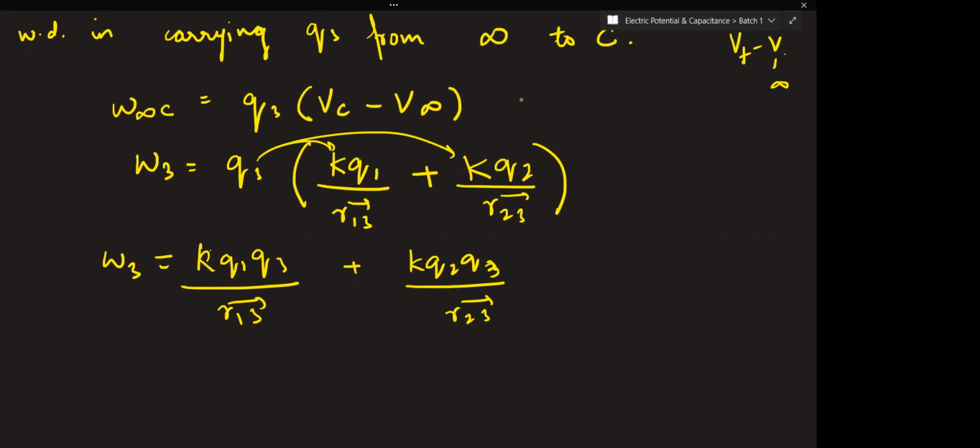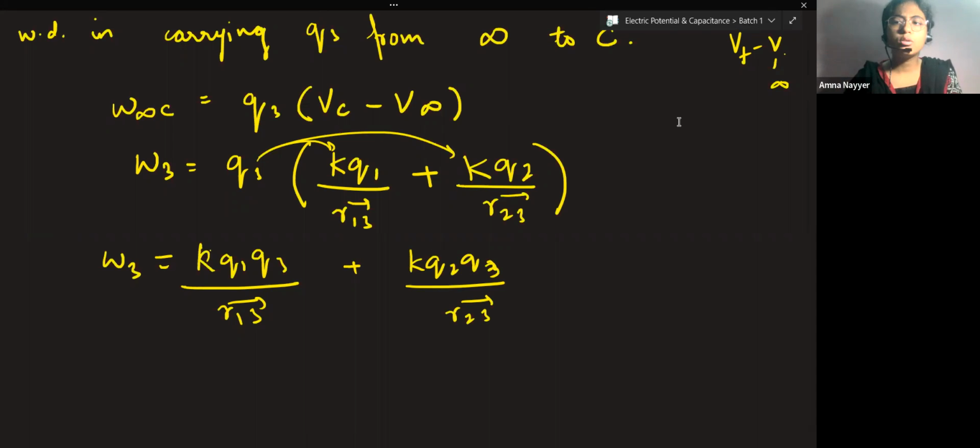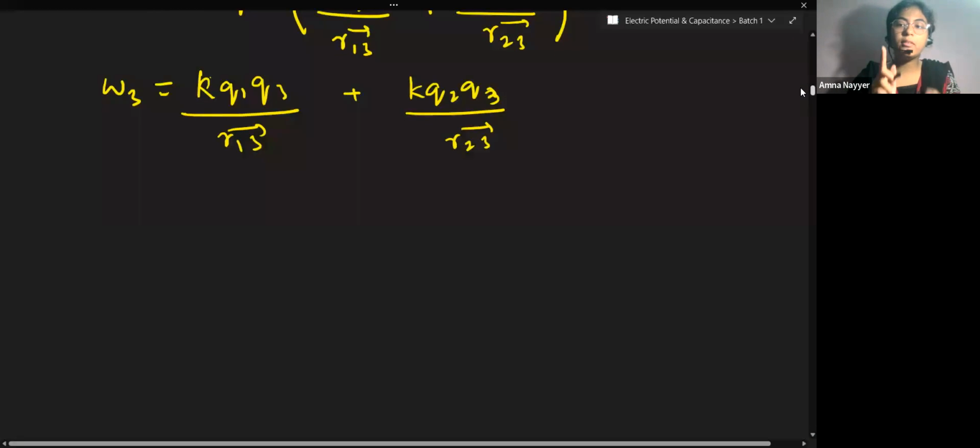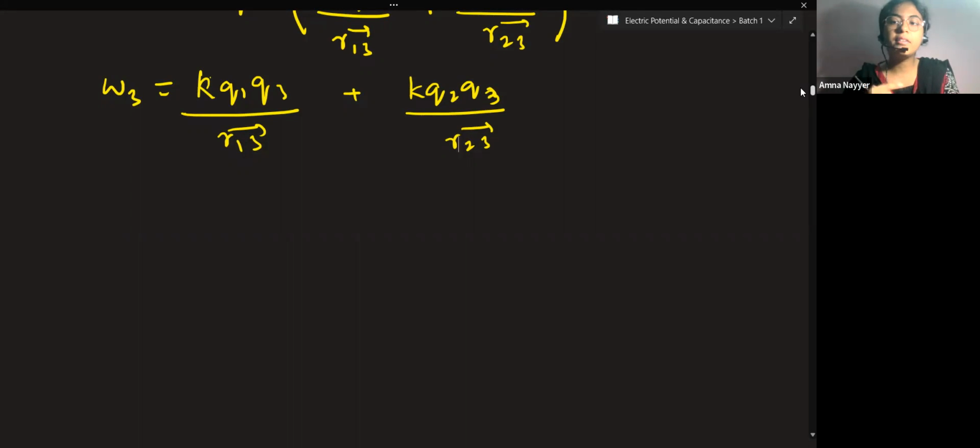Yes, ma'am. All right. Now see, if we had Q4 also, I'm not drawing it and writing. See the logic. When there was a single charge, no work done was there. When there were two charges, one work done was there. Why? Because of the interaction between these two charges. If three charges are there, there are two interactions.